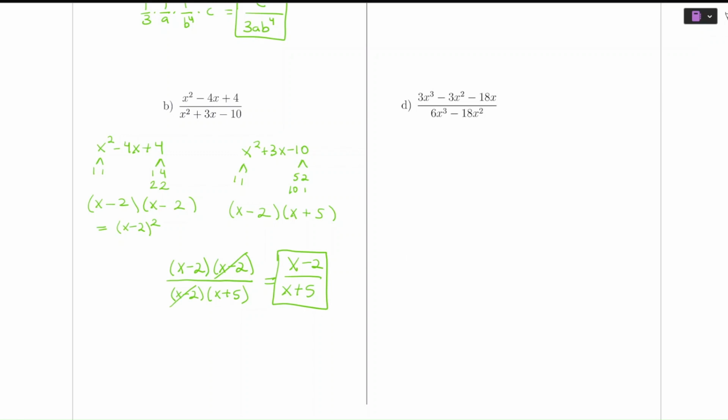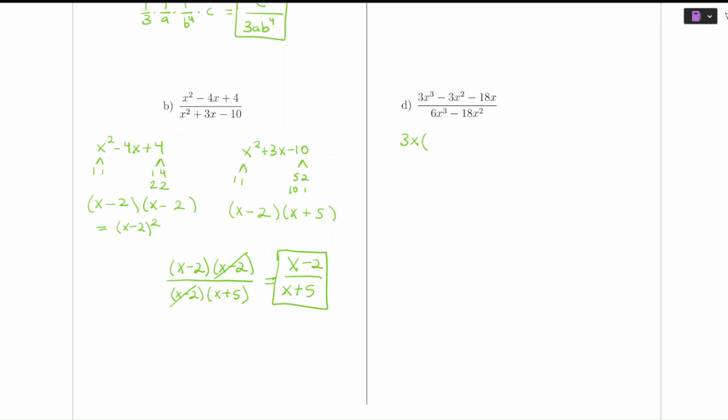So let's see. I also can notice that every term, let's look at our numerator first, is divisible by 3 as well, because 3 and 3 are divisible by 3, and 18 divided by 3 equals 6. So I can take out a 3x.